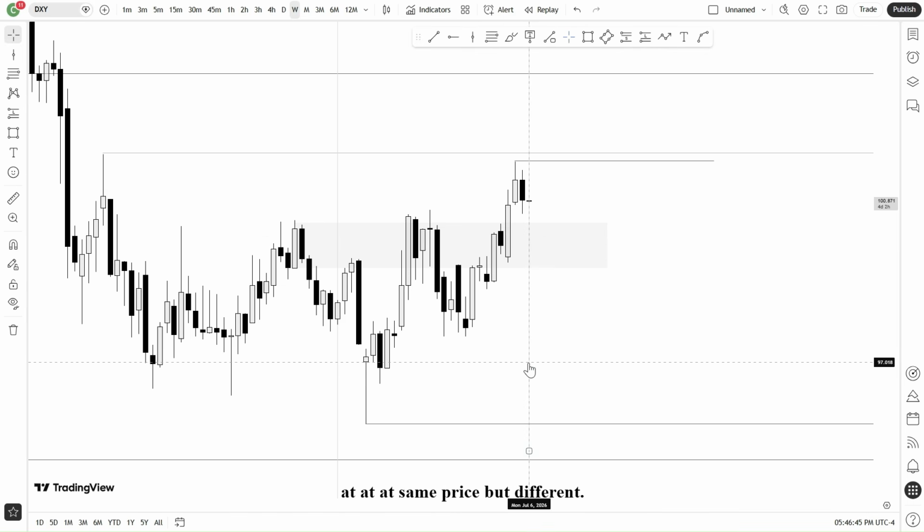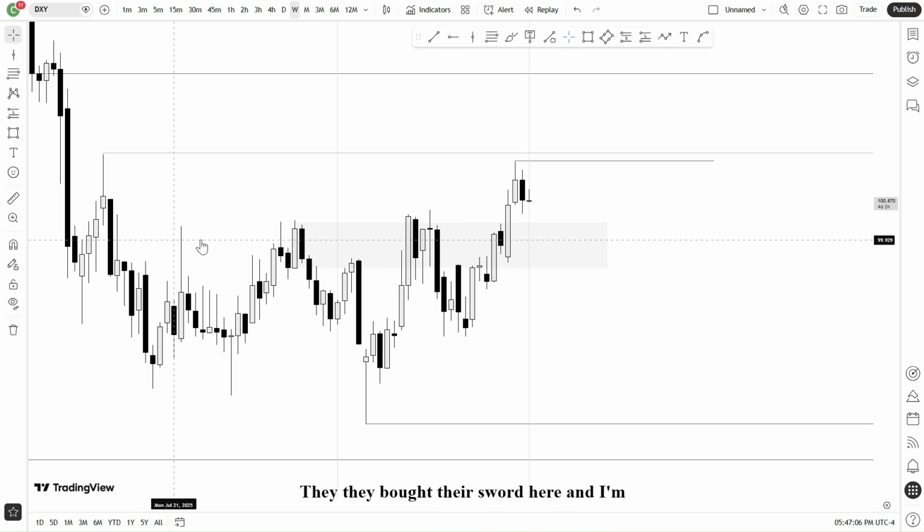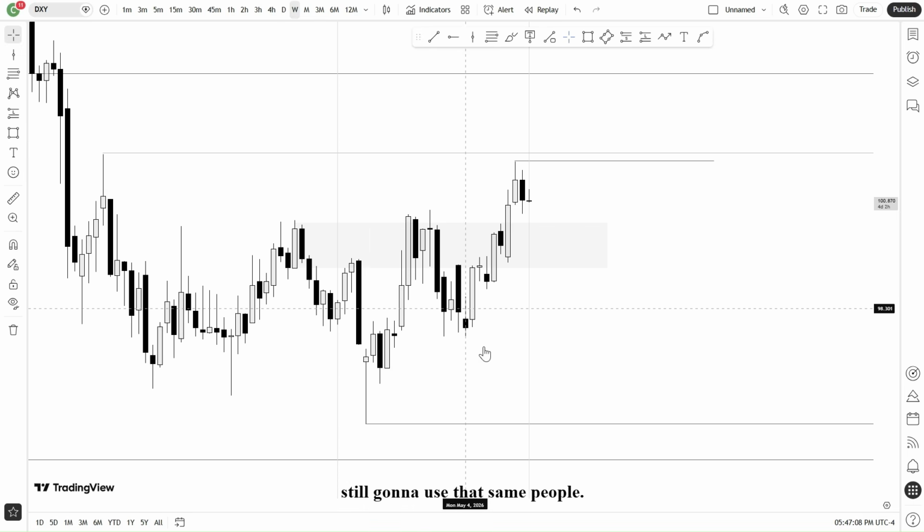This is still within the same price range. What price range is this? This is still within $99 on the dollar, within the range of 100 to $99. They sold here, and I'm still going to use that same pivot for my fulfillment of order.